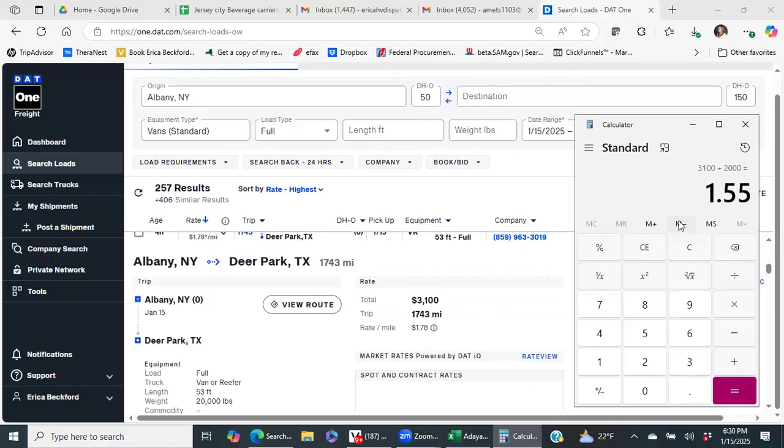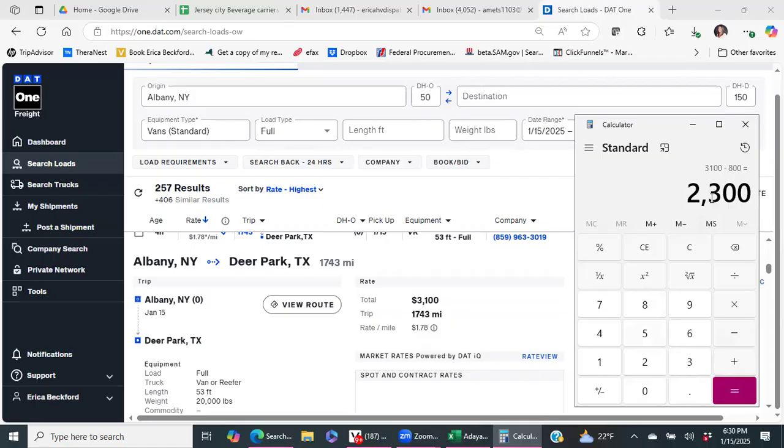Now we're subtracting $800 from 3,100, minus 800 for fuel and tolls. Now you're down to $2,300. So, you know what I mean? Like that's a lot of money.